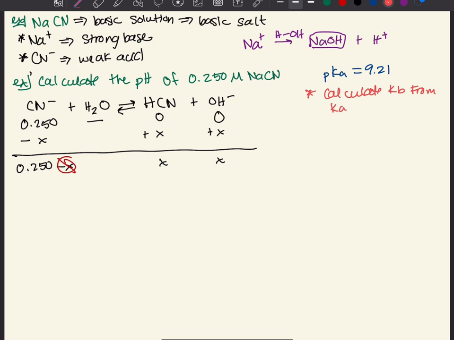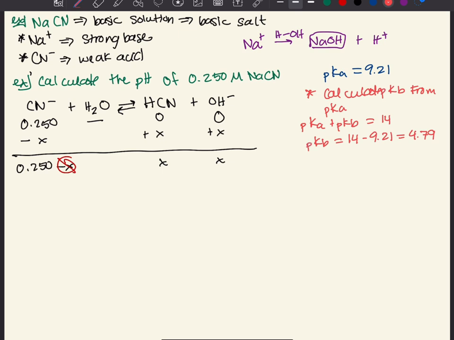So I can calculate Kb from Ka, and remember pKa plus pKb is equal to 14. So pKb is going to be equal to 14 minus 9.21, which is going to be equal to 4.79. So from there, I can calculate my, sorry, this should say pKb.